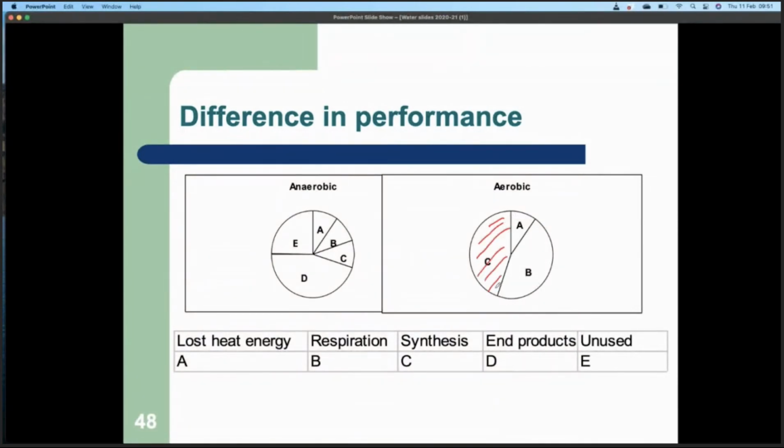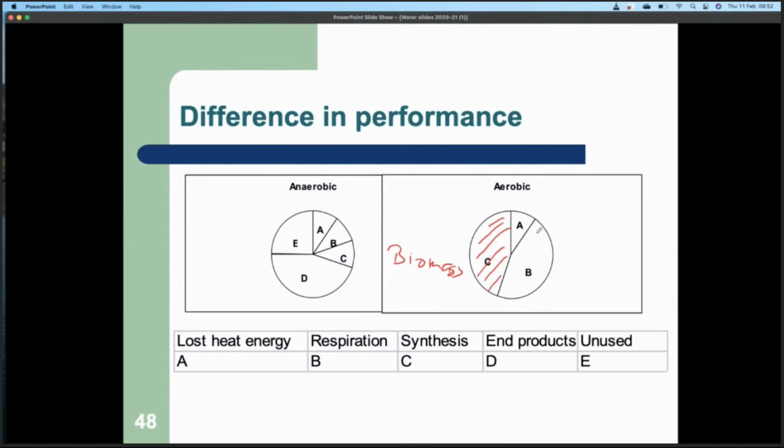I said earlier 50%, but this pie chart would suggest maybe 45% of the energy that goes into an aerobic treatment plant is turned into synthesis, and this means biomass. So that's bacterial sludge. That's what I said before, 45–50% of your Mars bar gets turned into sludge.